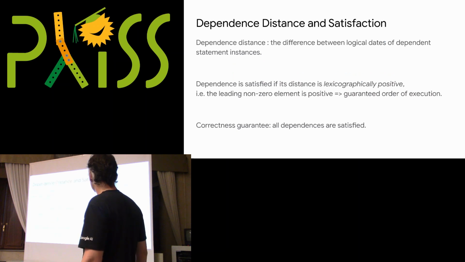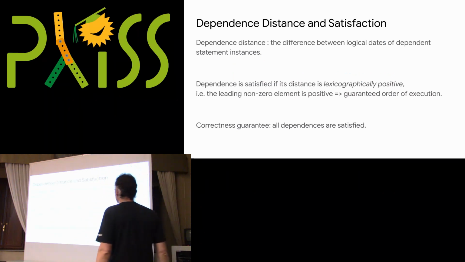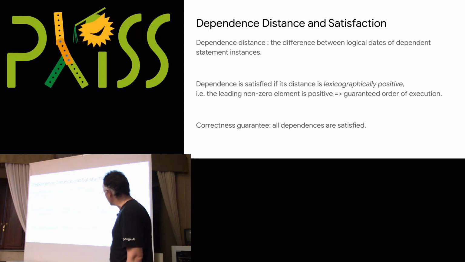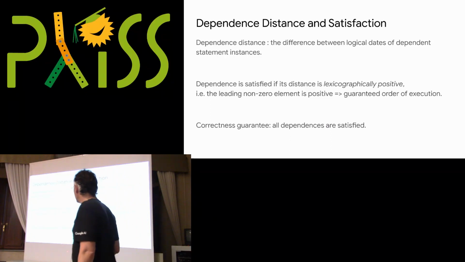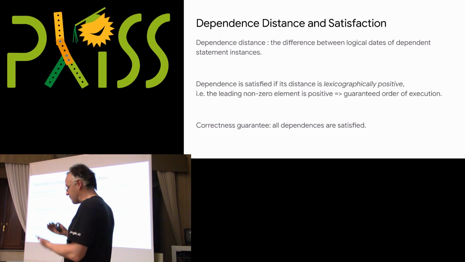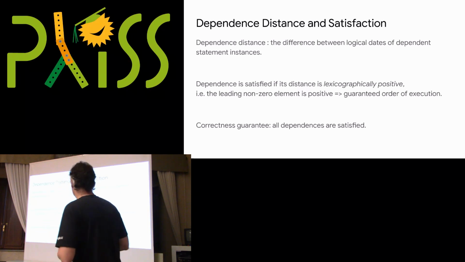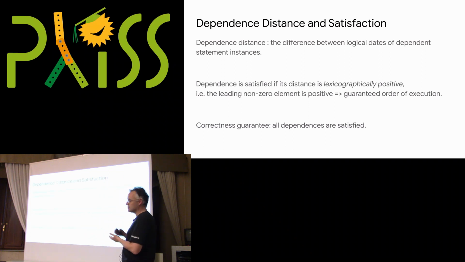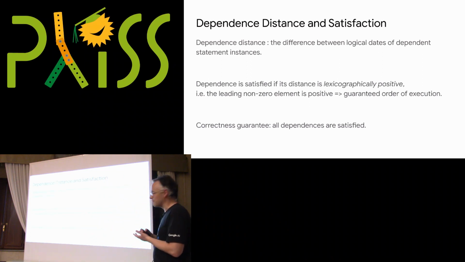Okay, so I'm skipping the example. This is very easy in terms of geometry, as I said a few minutes ago. What's great is that correctness, as was already shown in the example before, is essentially reduced to figuring out if a vector is positive, or at least non-negative for permutability, or positive for actual dependence satisfaction.